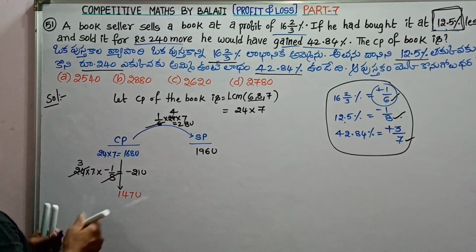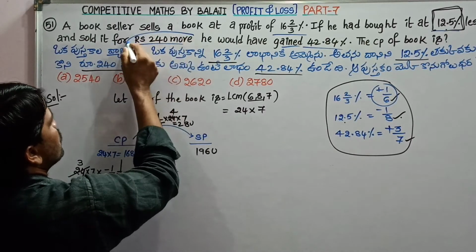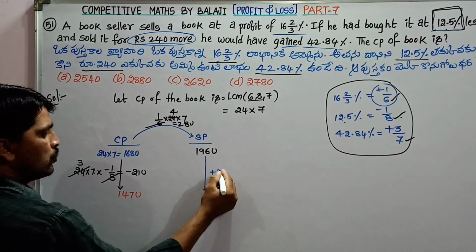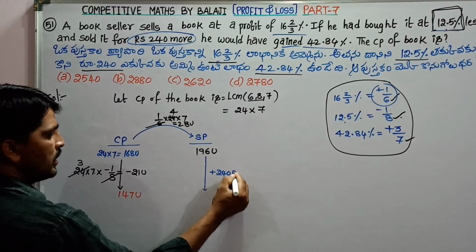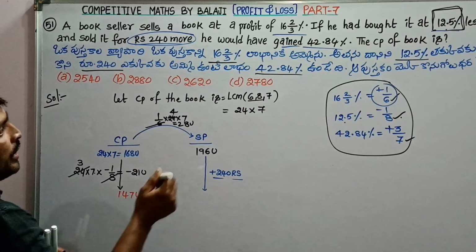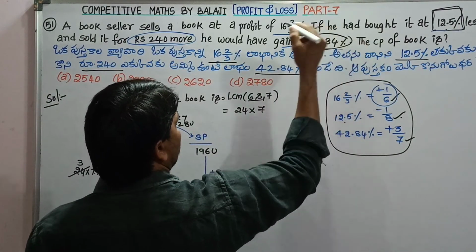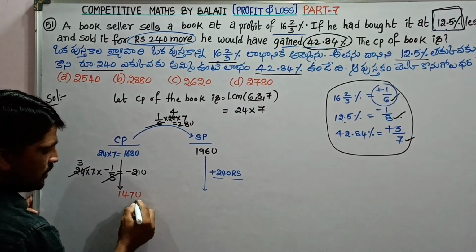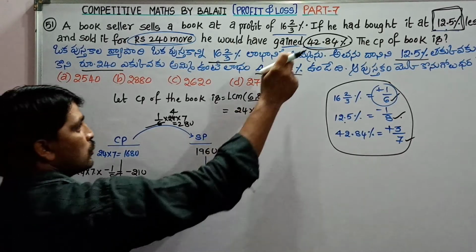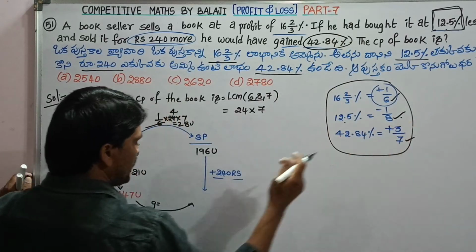And if he sold it for rupees 240 more, SP is increased by 240 rupees. Here SP is given in rupees. Then he would have gained 42.84%. So in this case, gain is 42.84%, which is equal to 3 by 7.